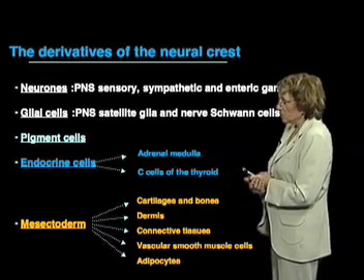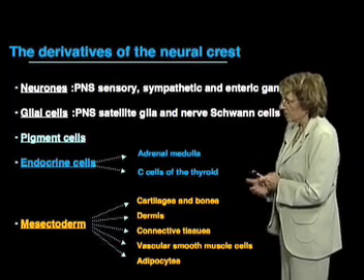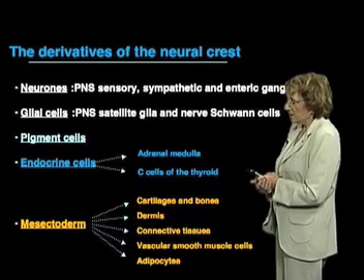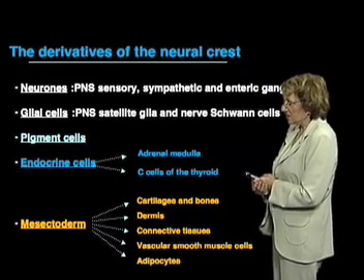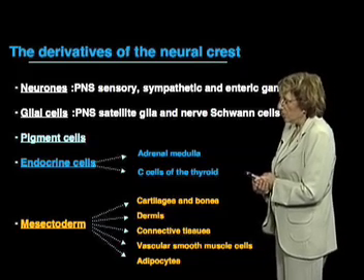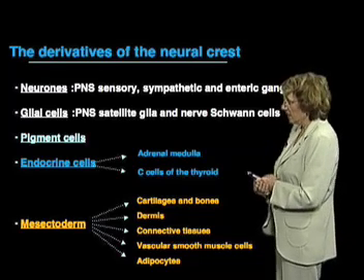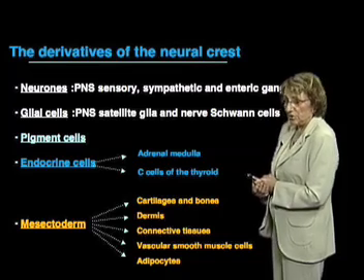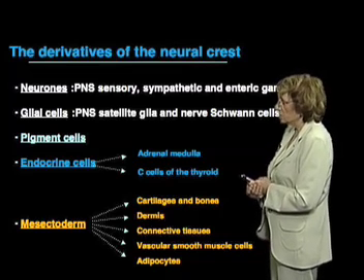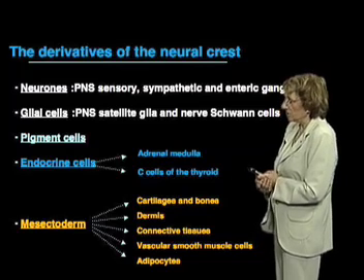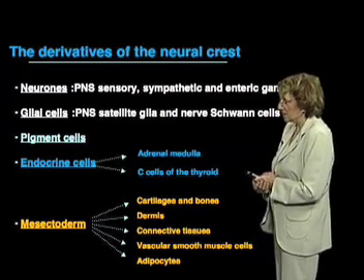The neural crest also provides this peripheral nervous system with glial cells. That means with the satellite cells which accompany the neurons in the peripheral ganglia, and the axons in the peripheral nerves. That means that the neural crest is at the origin of the Schwann cells.